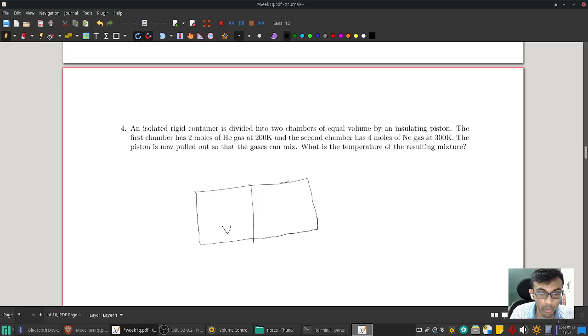So the volumes of these parts are, let's say, V and V. This chamber has some gas, helium gas, at 200 Kelvin, and this has neon at 400 Kelvin, and 4 moles of it.